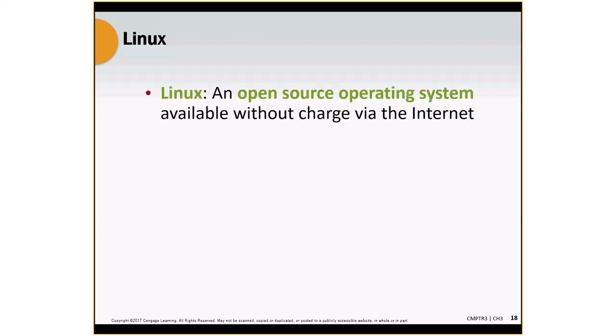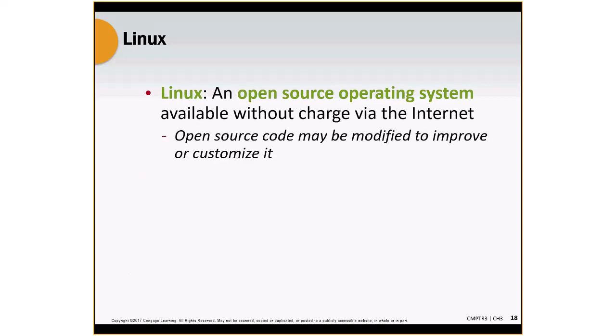Linux is an open source operating system available without charge via the internet. So it's not something that's built into your computer. The open source code may be modified to improve it or be customized. Most versions use a GUI today.